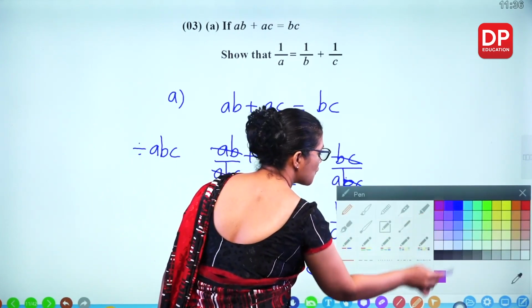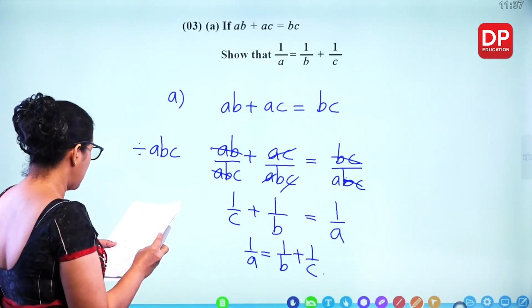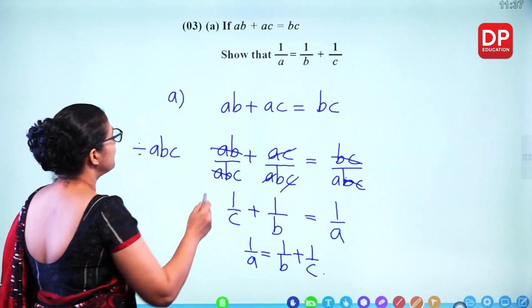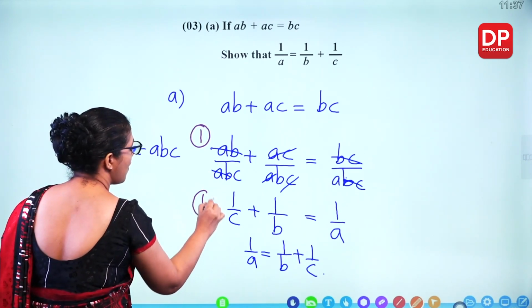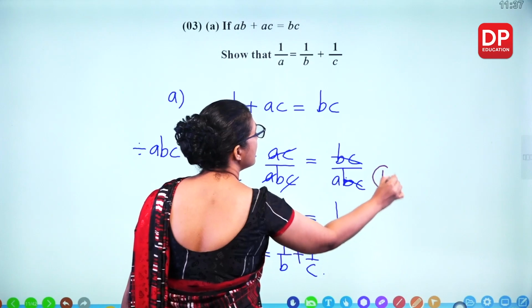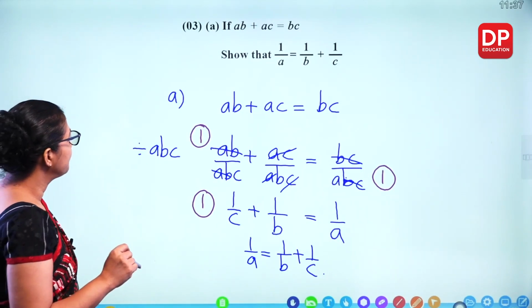So how many marks for this step? You get 3 marks. Divide all terms by ABC, simplify everything and finding the answer, 3 marks.